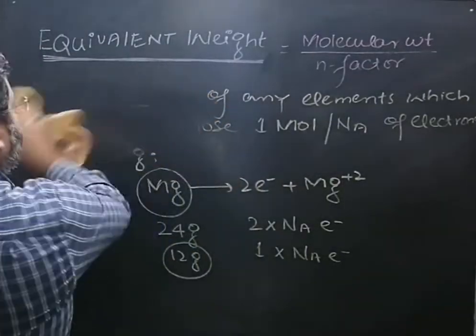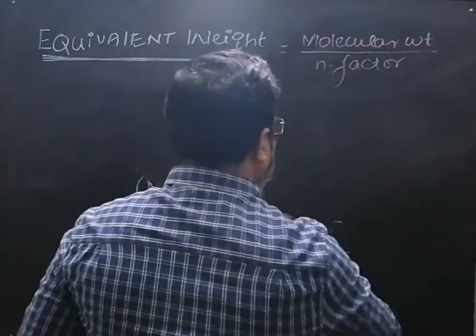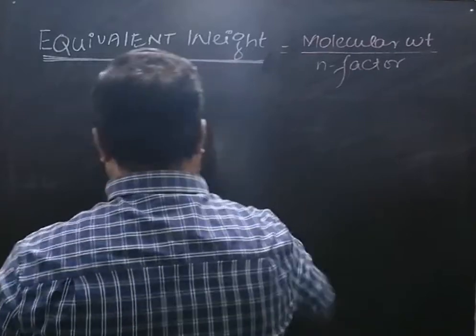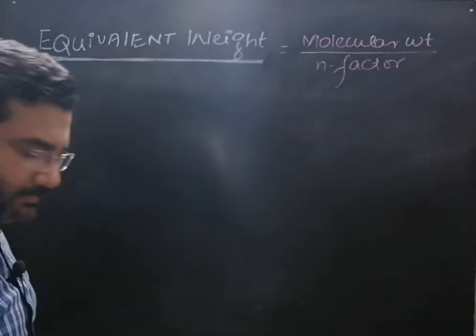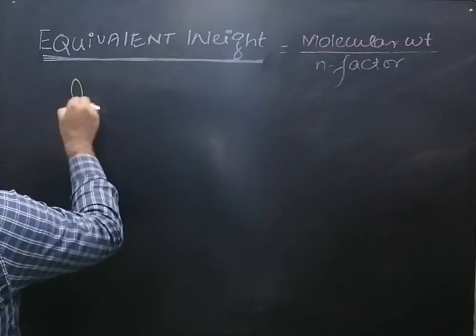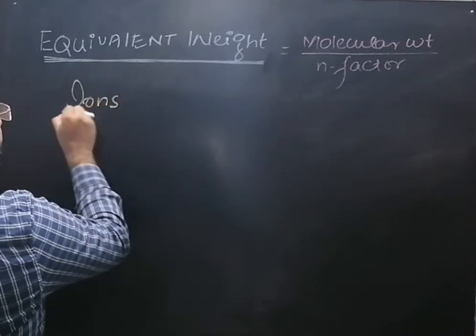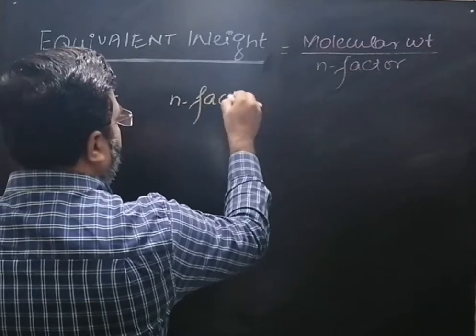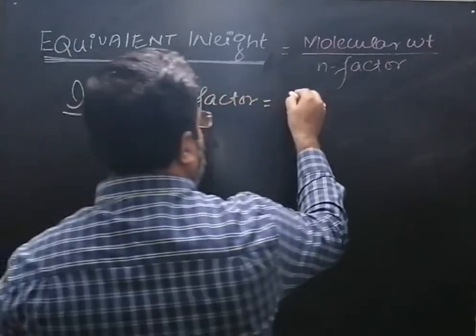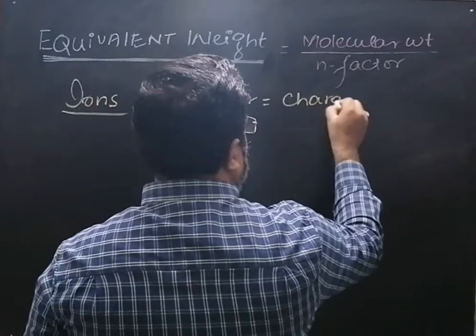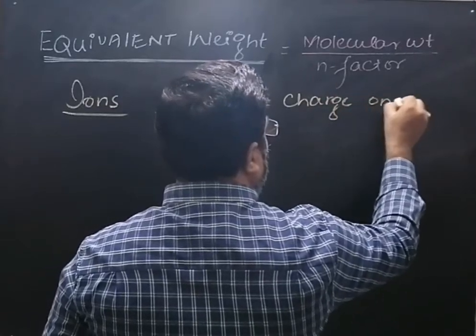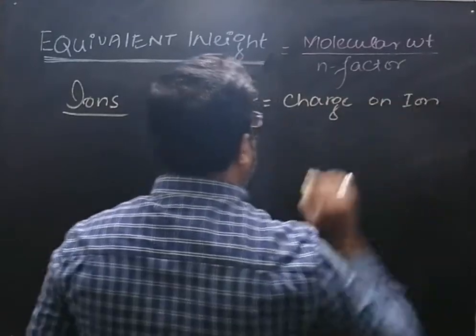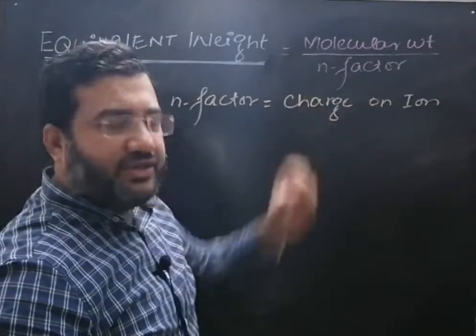Now let us move towards ions. How to calculate the equivalent weight of ions? In case of ions, keep in mind that n factor is equal to the charge on the ion.